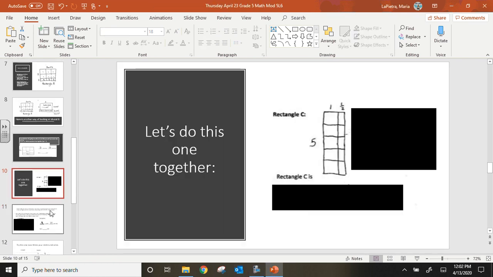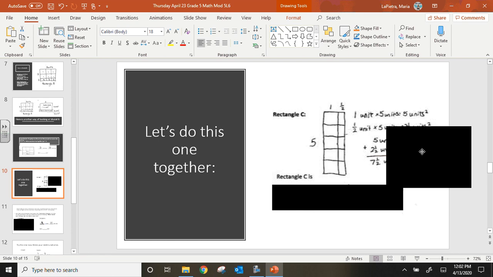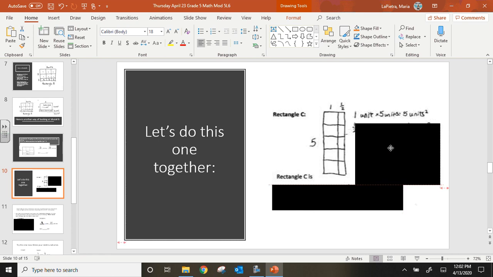Our next one, let's do this one together. Here's your length and your width. So what I see is 5 times 1.5. Okay, so 1 times 5 is 5.